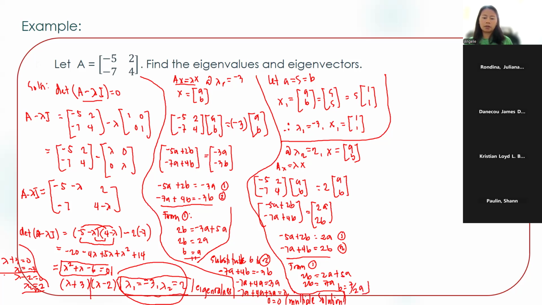Now that we have b, again, we substitute this b to equation 2 to get a. So, substitute b equals 7 over 2 a to equation 2.